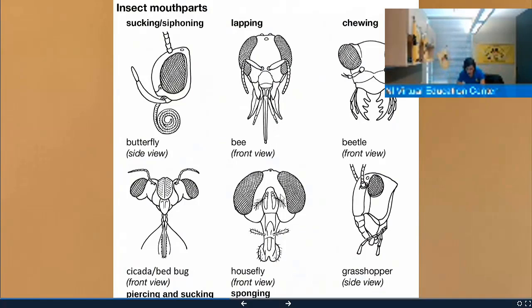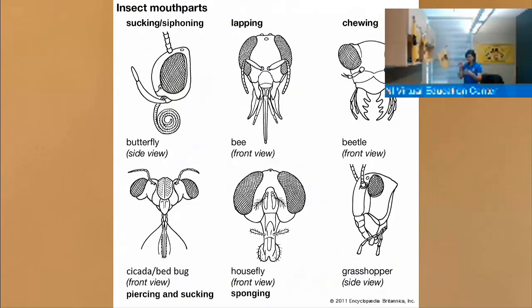Houseflies, sponging. Houseflies are not capable of digesting and feeding on solid foods. They cannot chew it. So how do they do it? Very interesting and kind of cool. They regurgitate, so they vomit on top of the food they want to feed on, and that liquid will digest, for example, part of a cake.